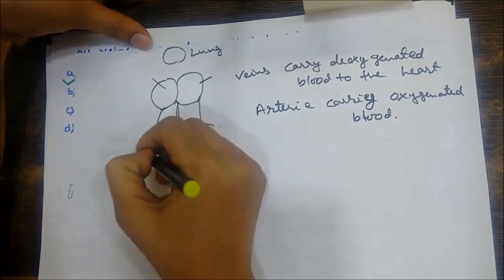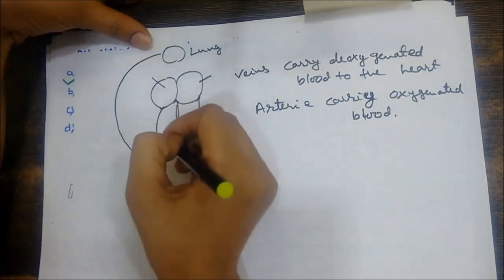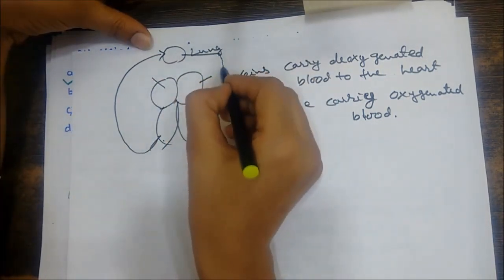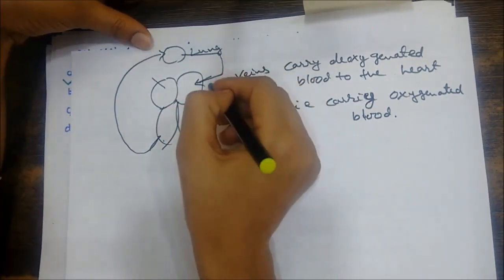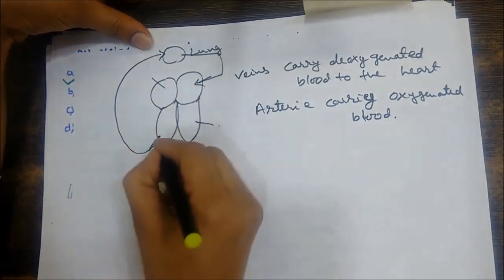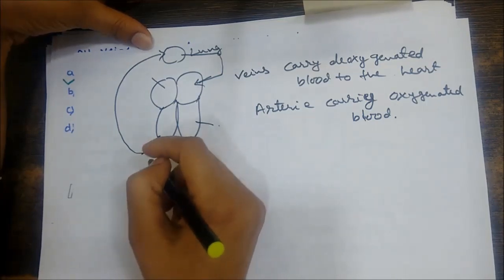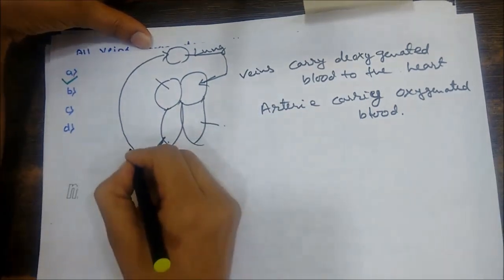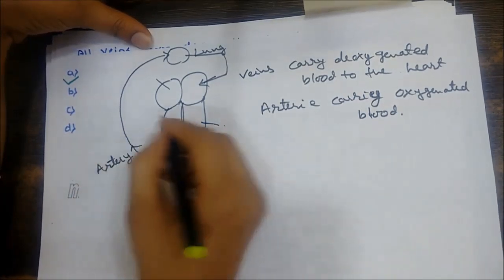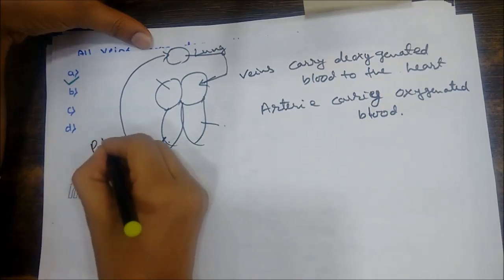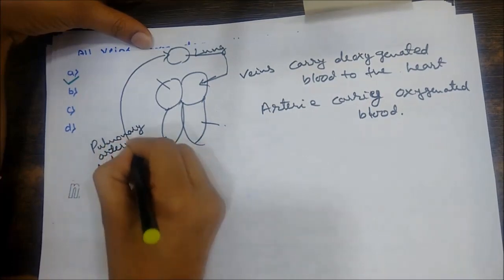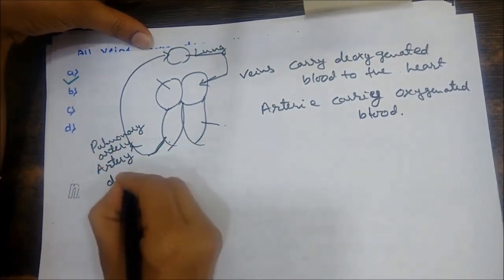The impure blood will go from the right ventricle to the lungs, and it will come back as oxygenated blood to the left auricle. So the artery that is supplying blood to the organs is called artery. So this will be artery, but it is going to the lungs, so this is the pulmonary artery. This will carry deoxygenated blood.